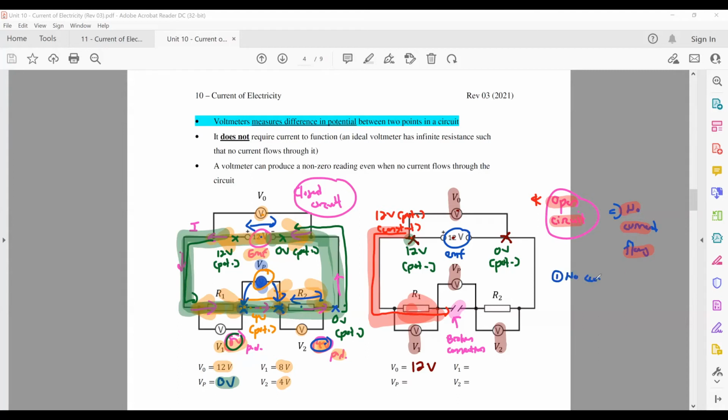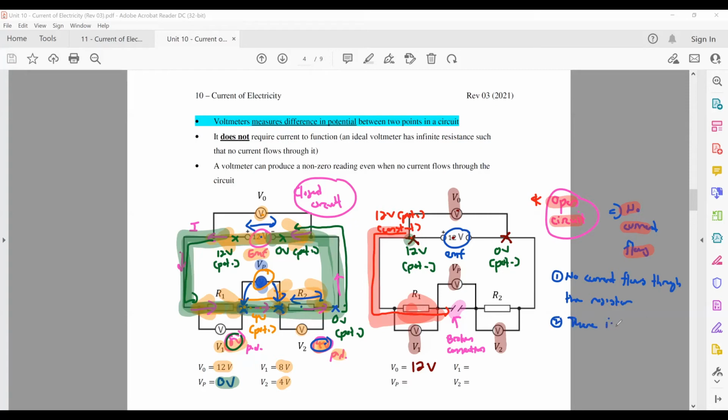No current flows through the resistor, so there is no loss in electrical energy.